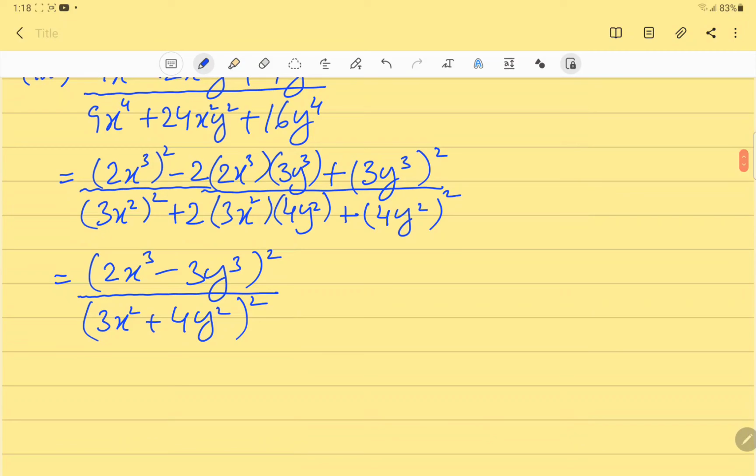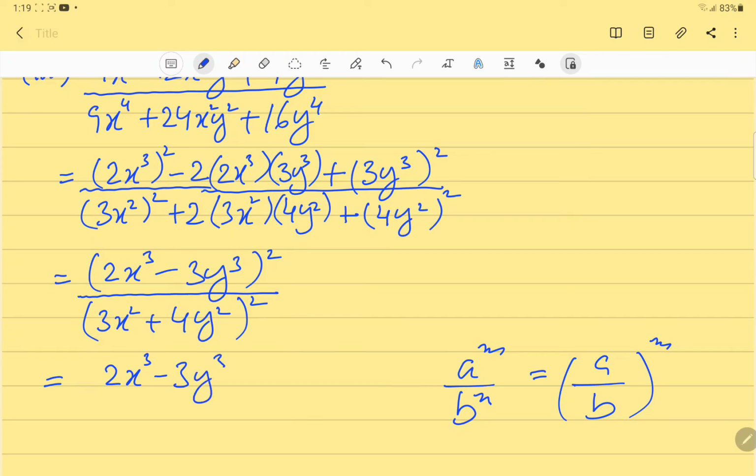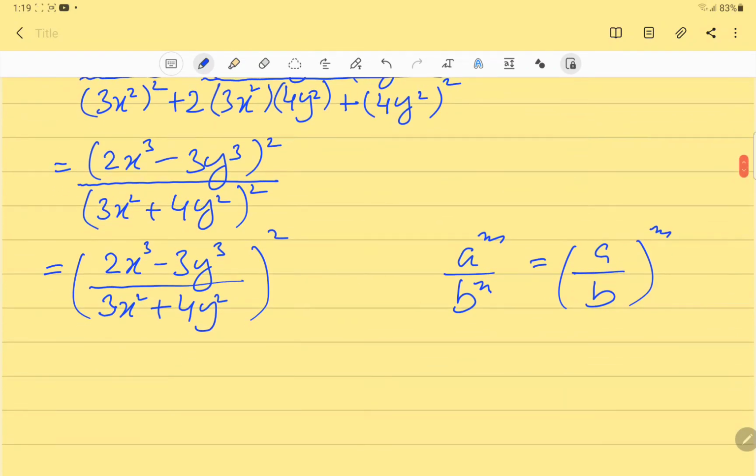Again here we can apply this formula: a raised to power m over b raised to power m can be written as (a over b) raised to power m. So we write (2x cube minus 3y cube over 3x squared plus 4y squared) whole squared.